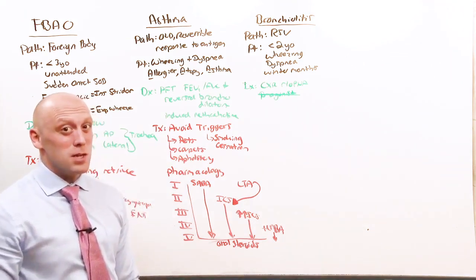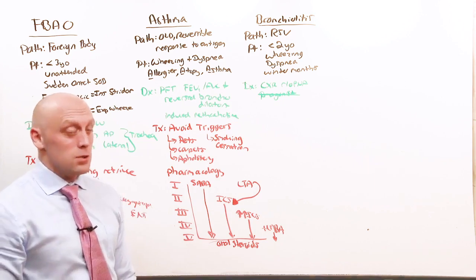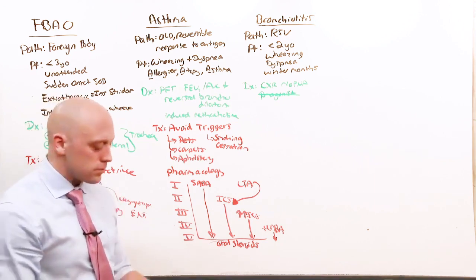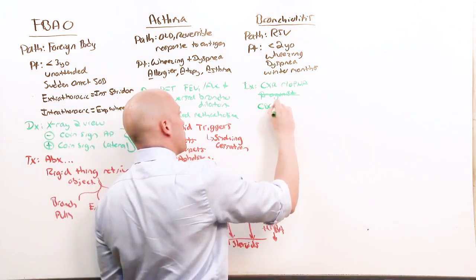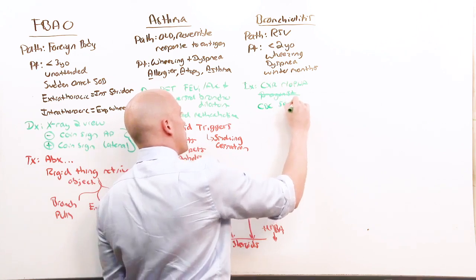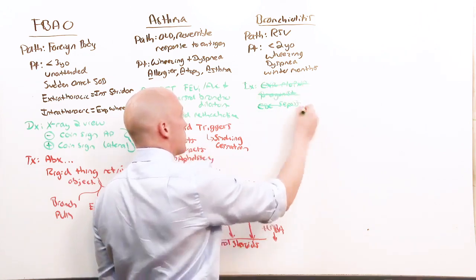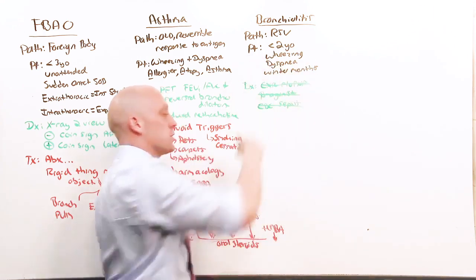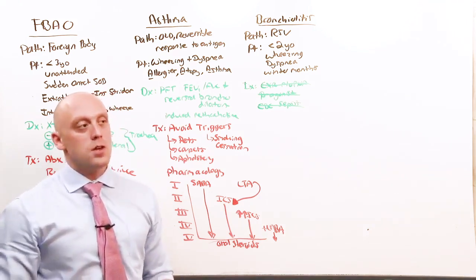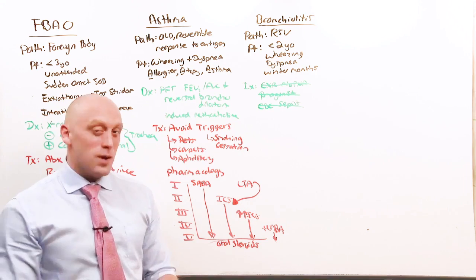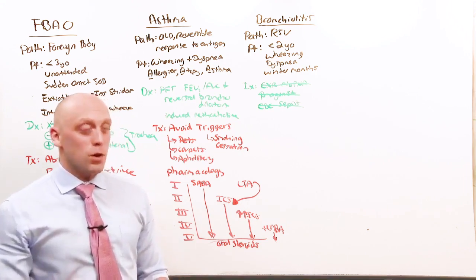But if you give somebody a beta agonist and they do okay, you keep it going. You might say, I want to get a CBC to make sure they're not septic. The thing is, you don't have to do any of this stuff. If you have the right clinical scenario, hypoxemia, very young age, wheezing, winter months, you don't have to do anything at all. In fact, if you do anything, it's probably going to be worse.